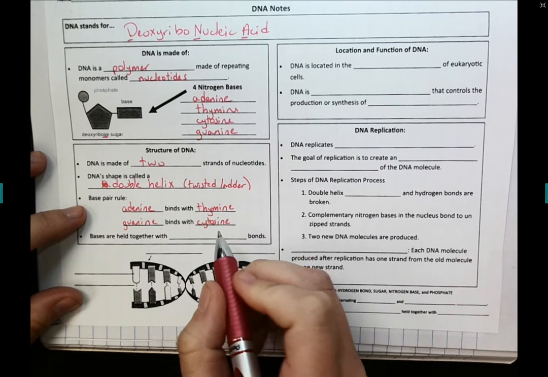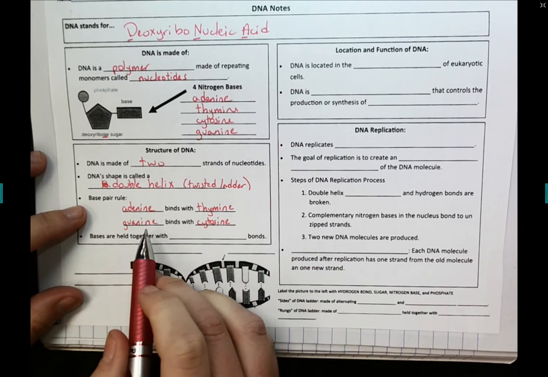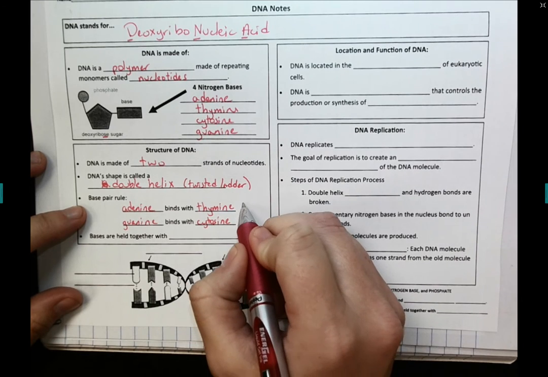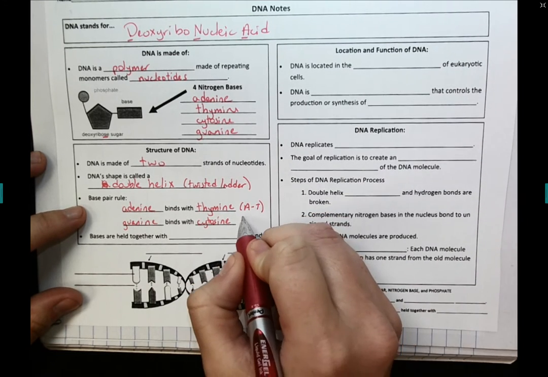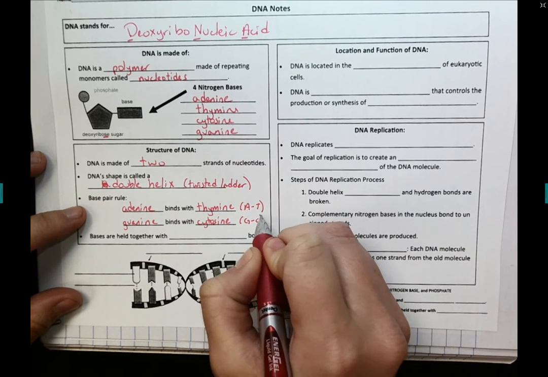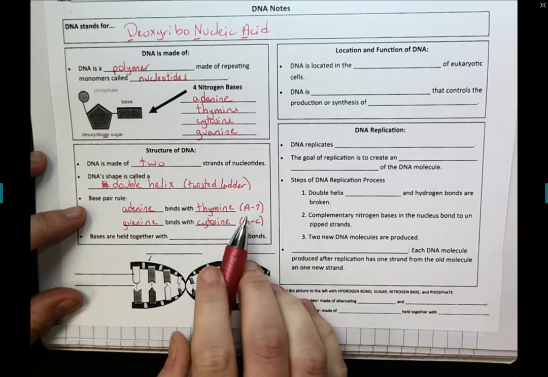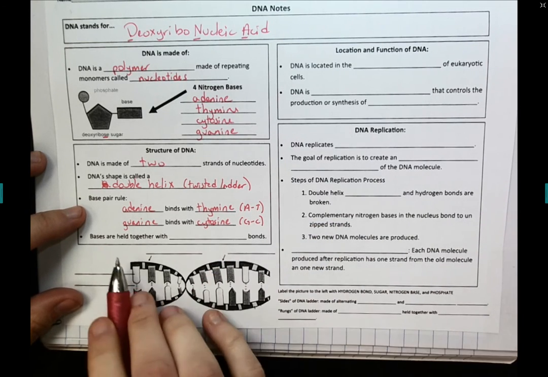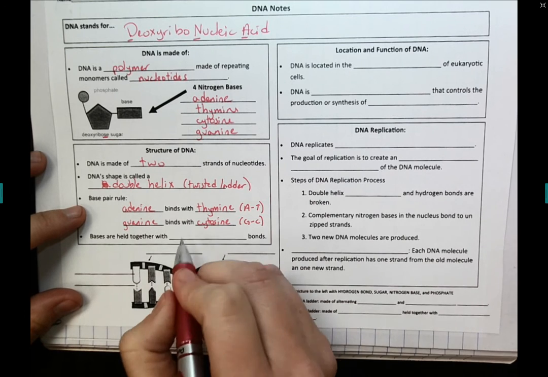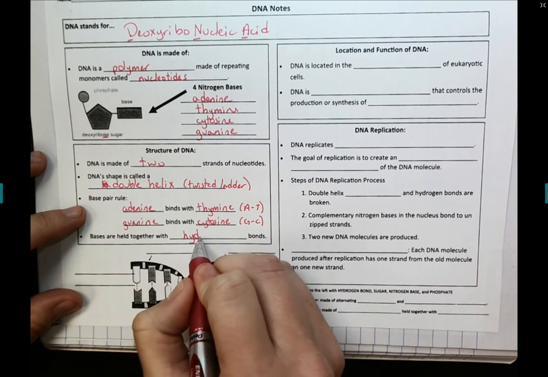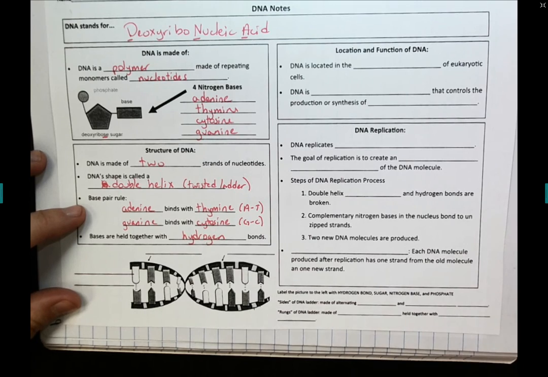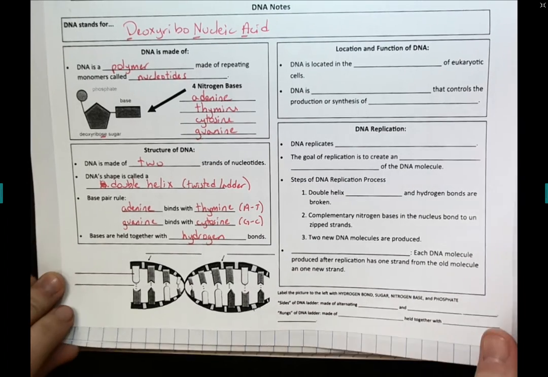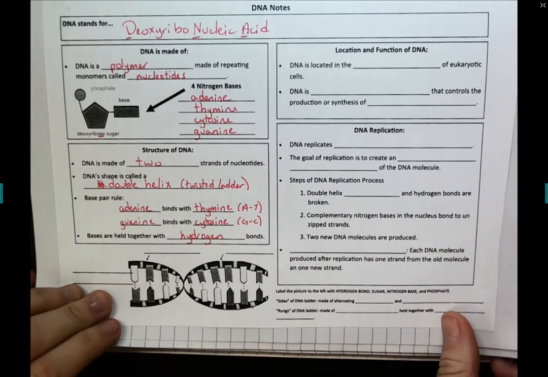This base pair rule is very important, and so one thing we can do to remember our base pair rule is that there is A and T University, and then we have Guilford College. So that is our base pair rule. These bases are held together with a hydrogen bond, and that is a weak bond, hydrogen bonds, but strong enough to hold our DNA together.